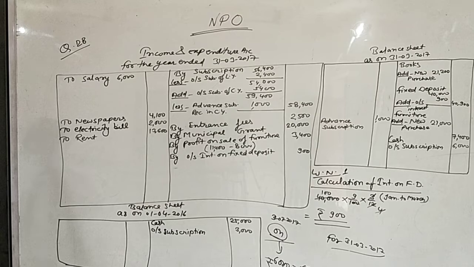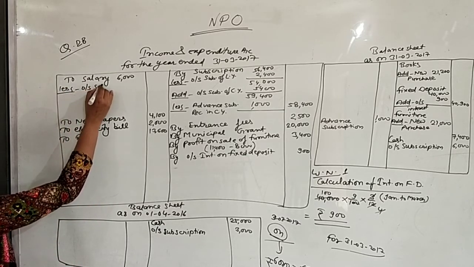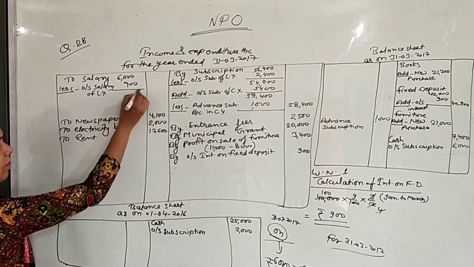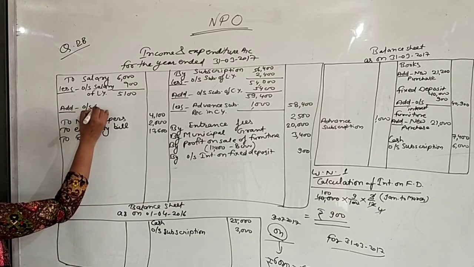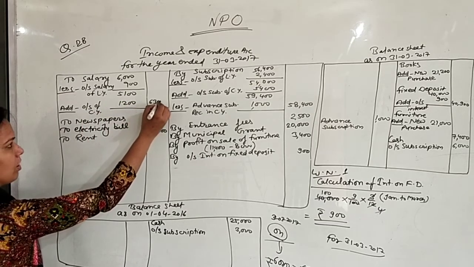Now the next point: on 31st March 16, salary outstanding was 900, and on 31st March 17, salary outstanding was 1,200. This means you have two outstanding amounts, one of last year and one of the current year. So less outstanding salary of last year, that is 900, which makes it 5,100, and add outstanding of the current year, that is 1,200, so the total amount is 6,300.